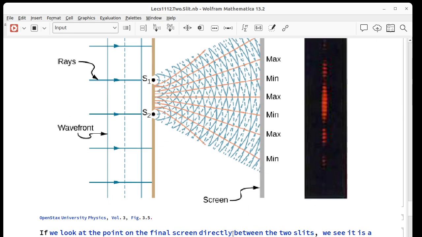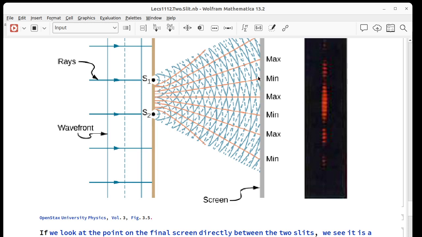If we look at the point at the center between these two exactly, notice that that's a maximum. The reason is both of these slits are exactly the same distance from our point right here. If they're the same distance and the waves started out with the same phase, they have to both end up here with the same phase.